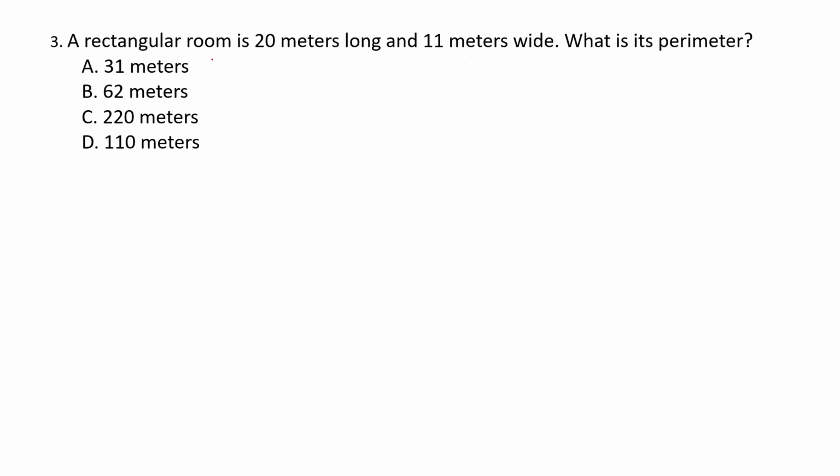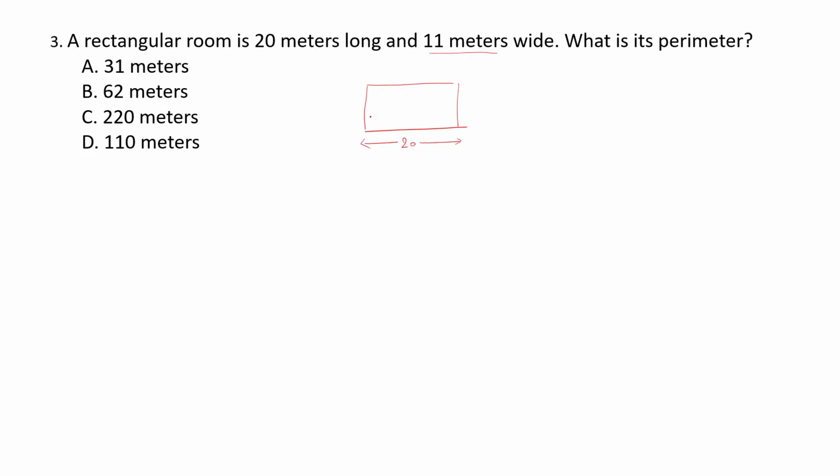Next question is rectangle. A rectangular room is 20-meter long and 11-meter wide. What is its perimeter? So you have a room, a rectangular room, which is 20-meter long. So this side is 20-meter, right?